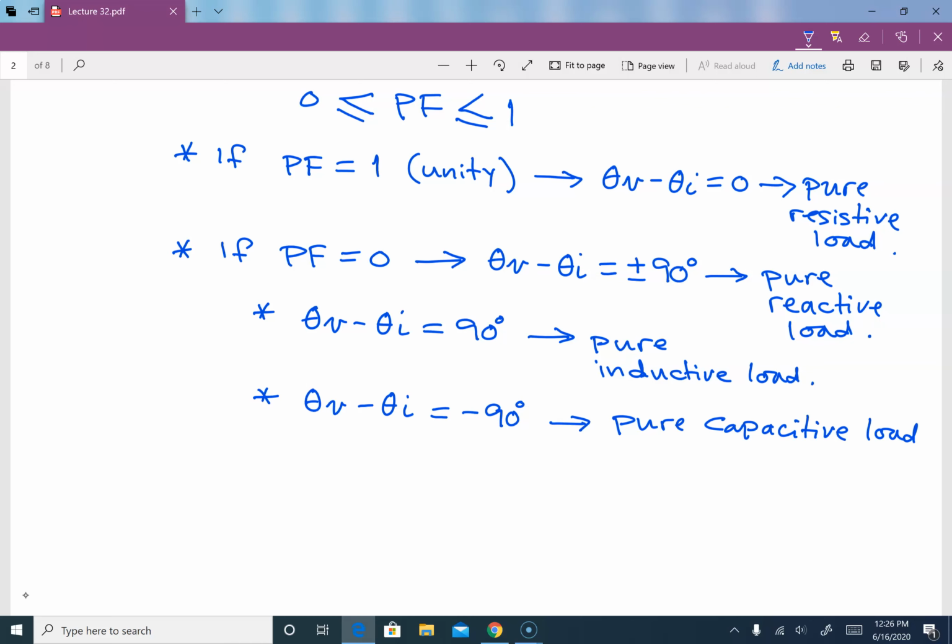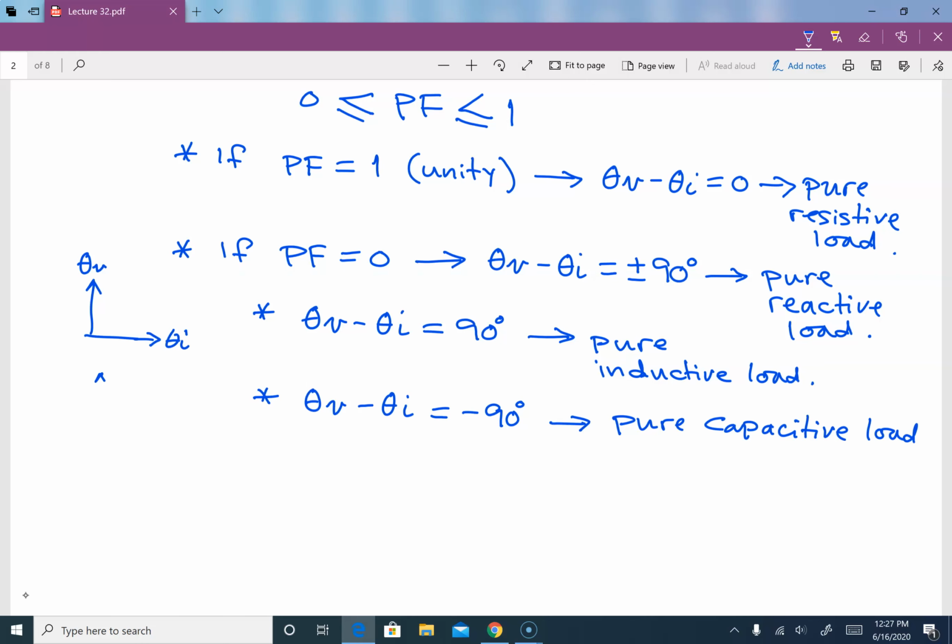Are these going the other way around? So if I have theta V here and theta I here, then I lags, which is a pure inductive. So this is V, theta V is here, and theta I is here. So theta V minus theta I, in this case theta I is behind, so pure inductive load.